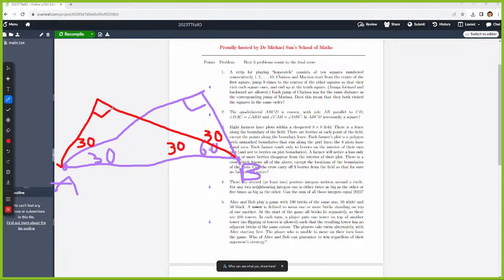Okay, and I want to call this point C. I want to call this point D. That makes sense? Okay. Go.